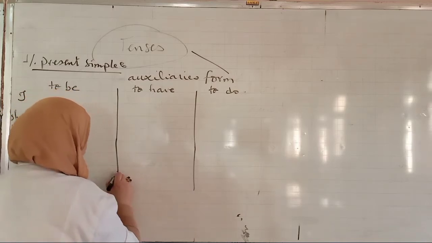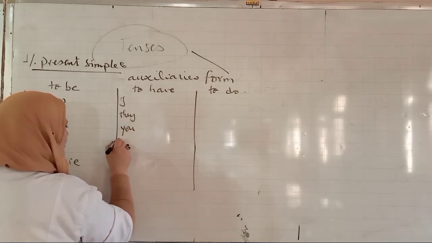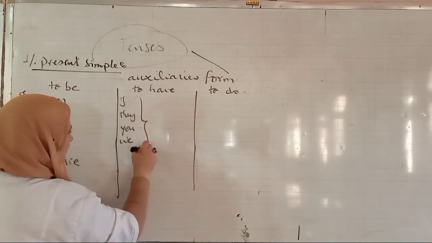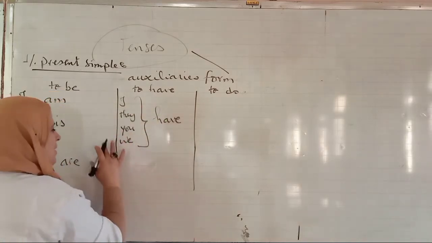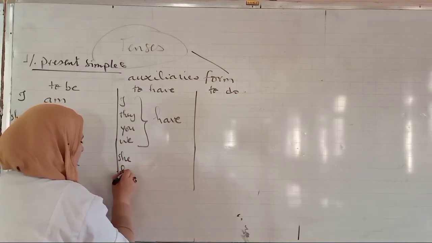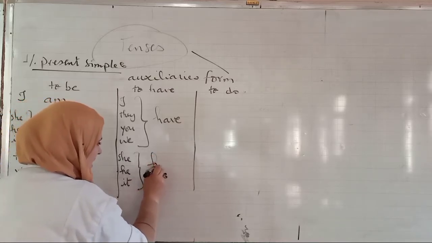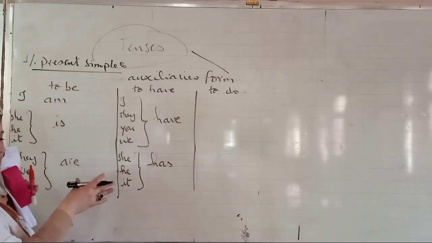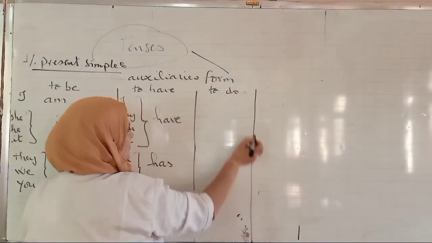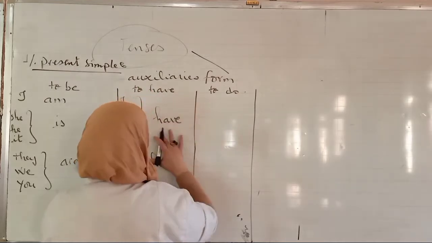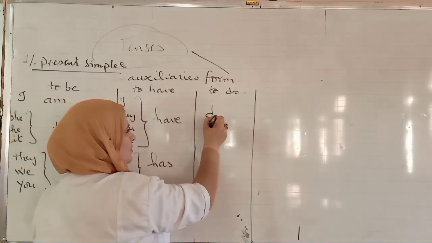Concerning have, with I, they, you, we, it is have, without s. Within she, he, it, which is the third person singular, I need to put s, and this verb is different, it takes s like that, being has. Concerning auxiliary to do, with I, they, you, and we, I use do.